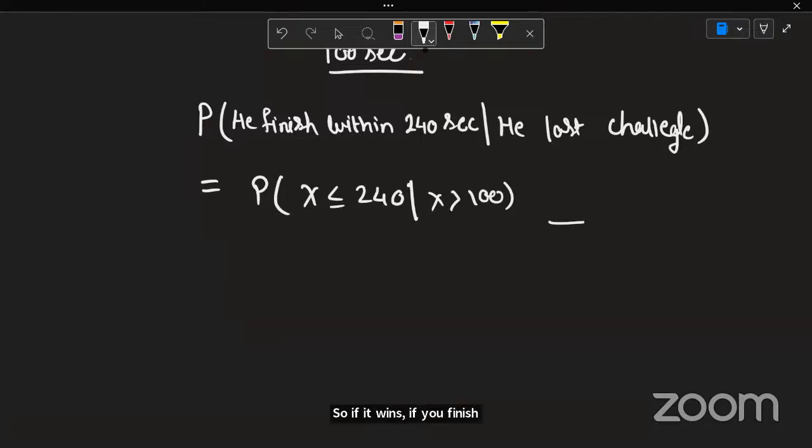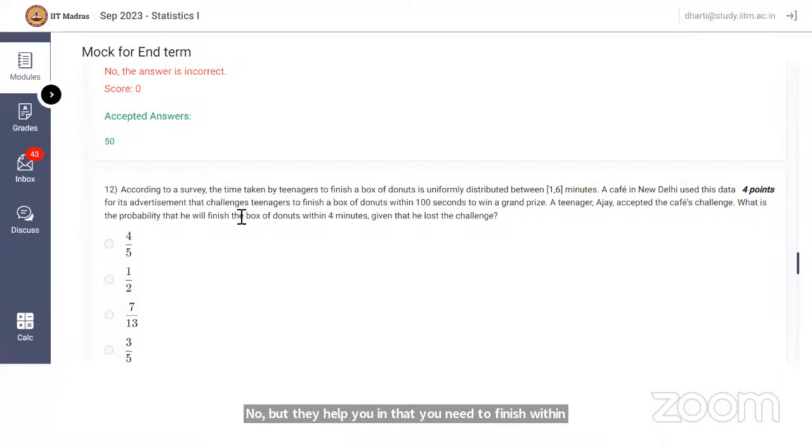So to lose, what should be the value of X? It should be more than 100, right? No, but they have given that he needs to finish within 4 minutes, right? He will finish in 4 minutes, given that he lost the challenge.